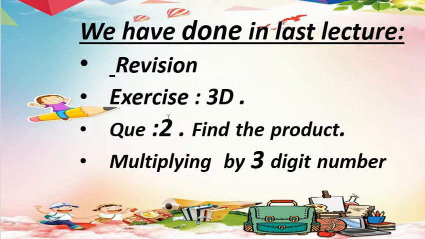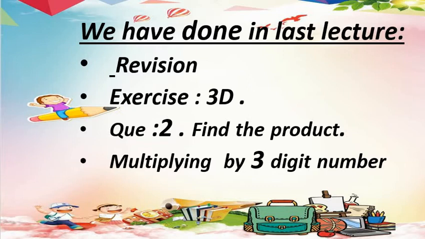In multiplying by a 3-digit number, we only learned example number 1 and 2, and in example number 2 only step 1 and step 2.